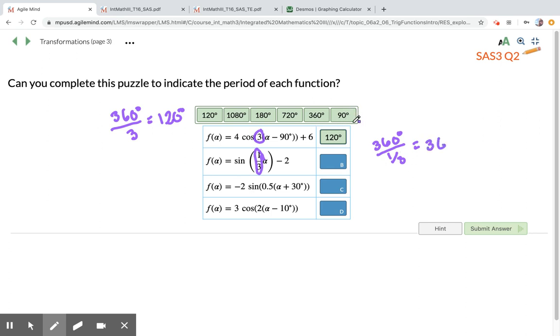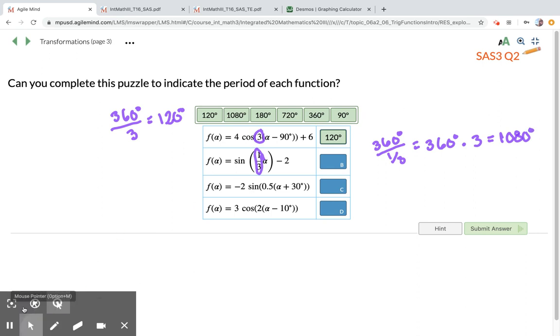You just need to multiply by the reciprocal. And the reciprocal of 1/3 is 3. So I'm going to grab my calculator. 360 times 3 in this case gives me 1,080 degrees. So my new period is 1,080 degrees.